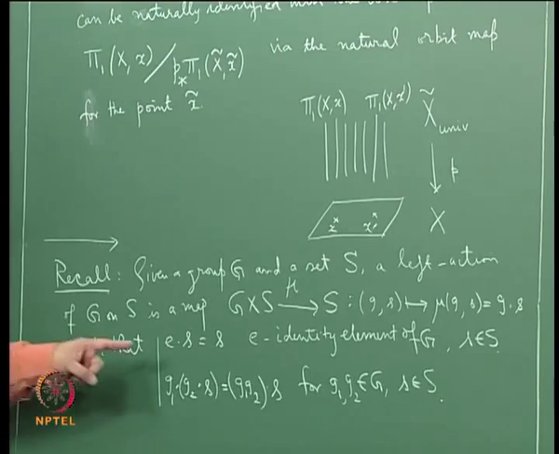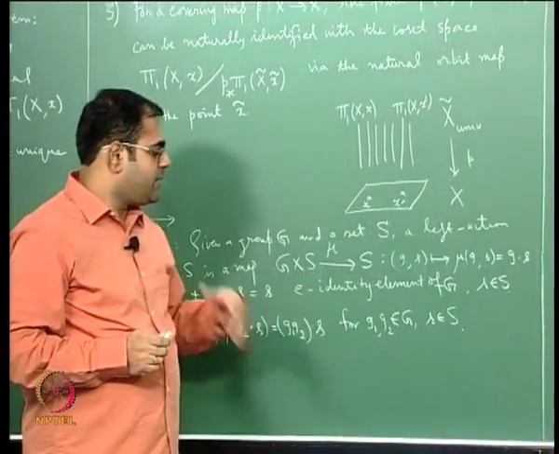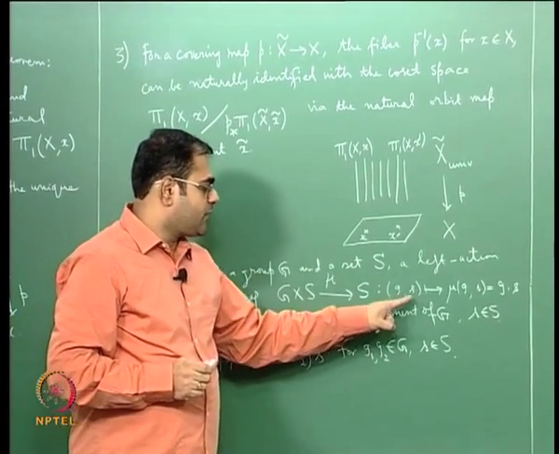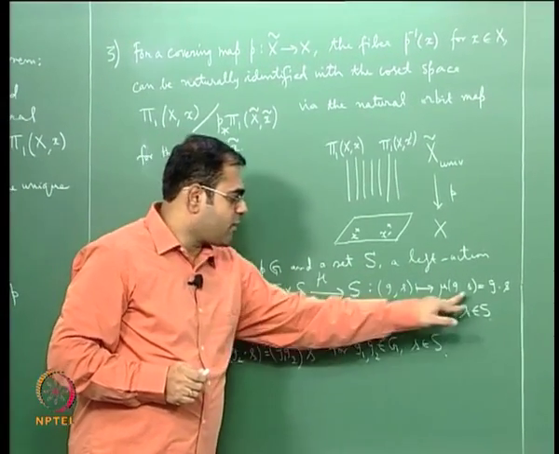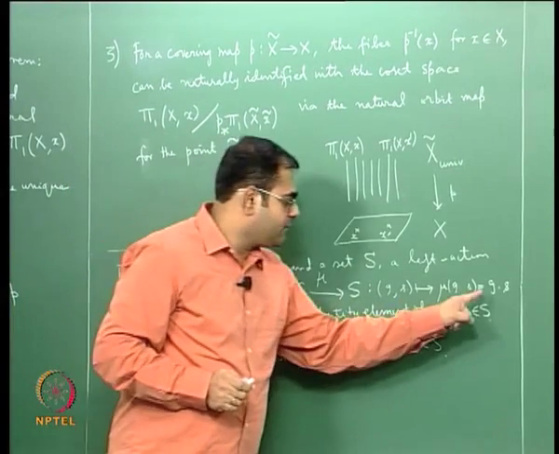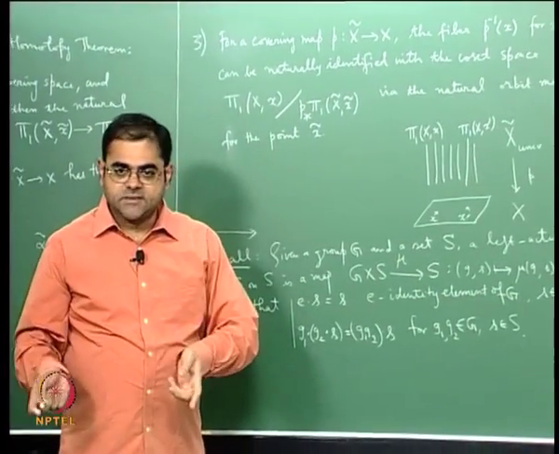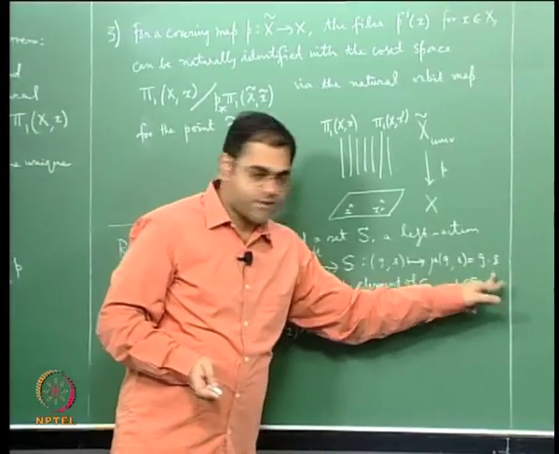So basically this is a method of trying to take an element small s of the set capital S, take an element of G, and let this small g operate on this small s to produce a new element of S, which is denoted as g dot s.